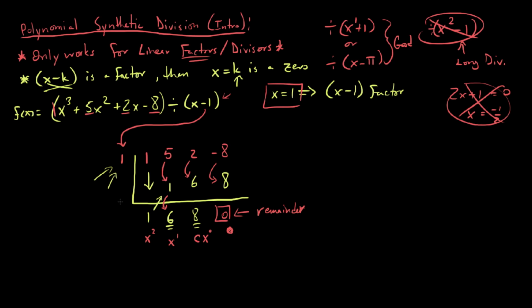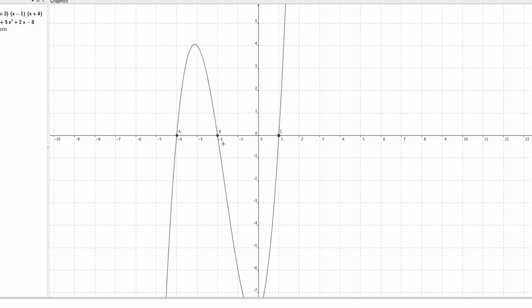But what this means is, when we divided out x minus 1, what we have left over is 1x squared plus positive 6x plus 8 constants. Which, by the way, if you were to factor this, factors down into x plus 4 and x plus 2, which, going back to look at my picture here, were the other two factors, because these are the other two zeros.